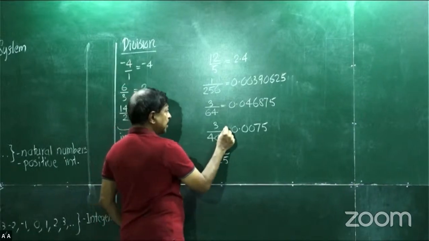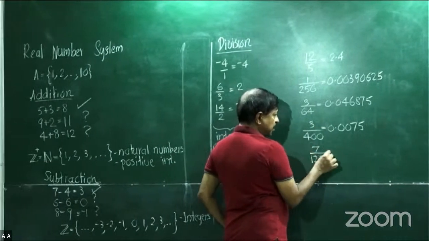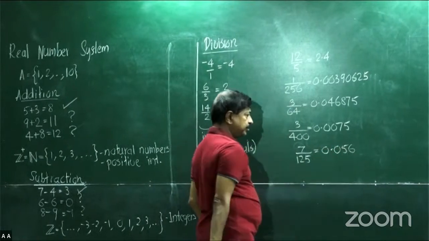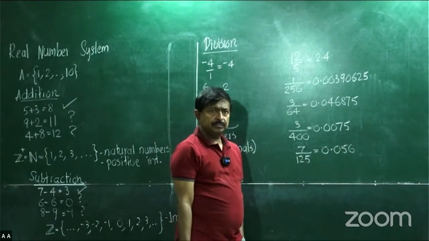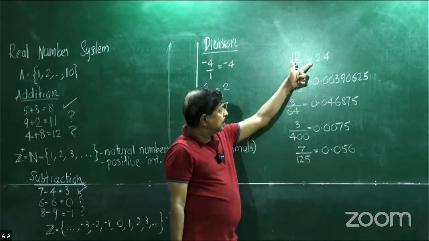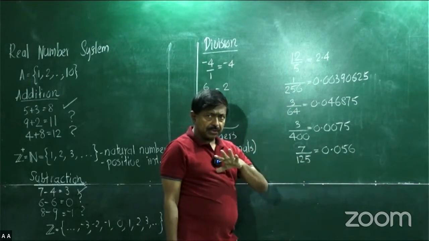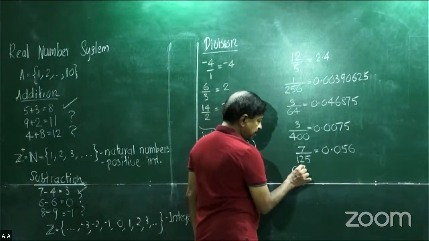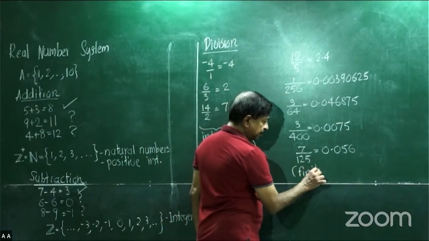Sorry, I forgot the equal sign. Here it is 0.056. Now look, here you have decimals, but they are only finite decimals.